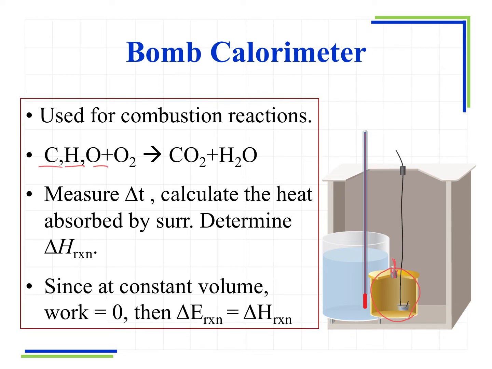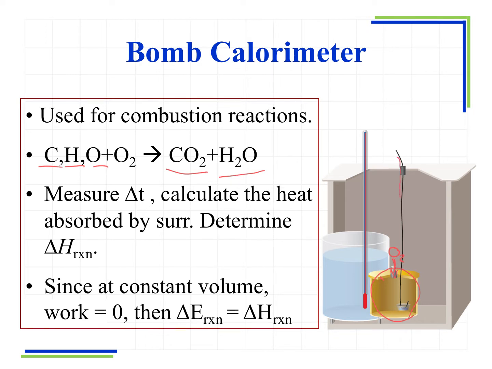With this pump, we put in excess O2, to make sure that the products we get are CO2 and water. The pressure is not constant, so it's moving, but the volume is constant. It has this thick wall container, it does not move, so the volume is constant.